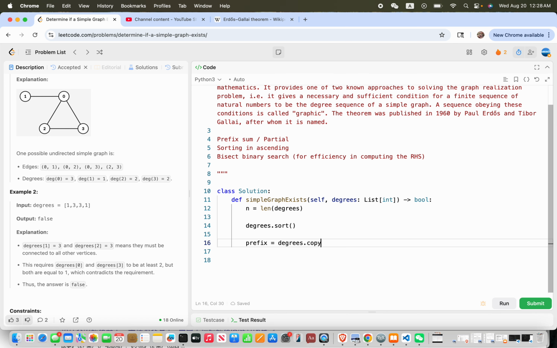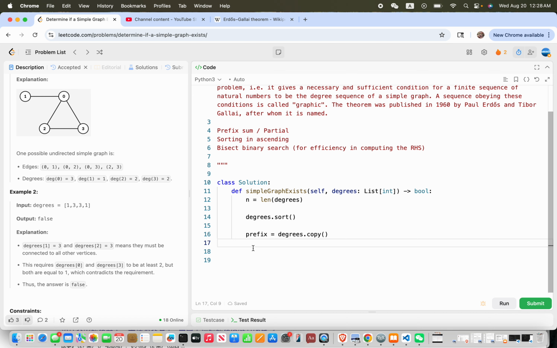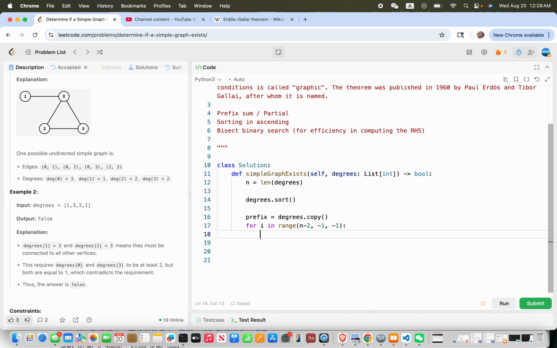Make a copy of degrees, then populate this list. For i in range, the last term at index n-1 is fixed, so start at n-2 and end at 0. We write -1 here because the range ends before -1. So prefix i will be incremented by adding degrees i plus 1. Here you can print out the degrees and the prefix.